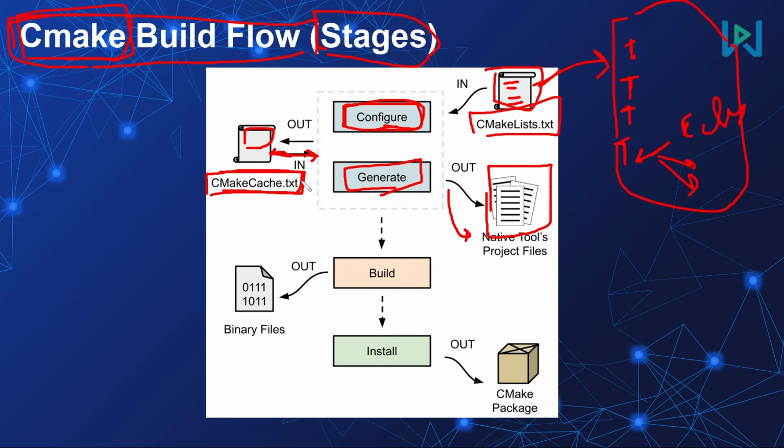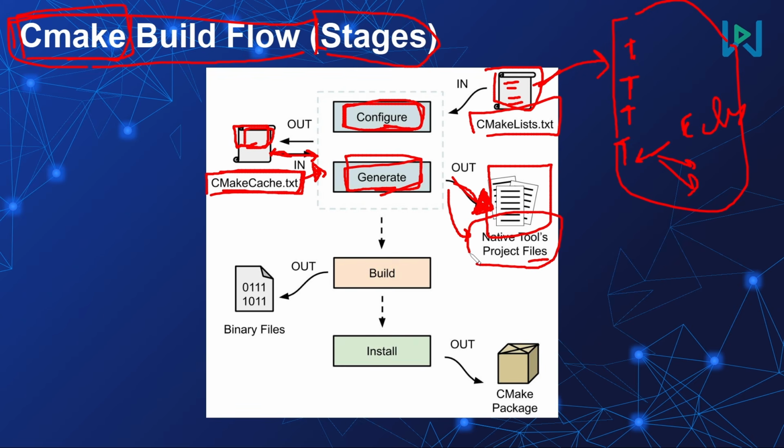Now we are taking this CMake internal representation, and out of it we'll generate and write our backend build tool based files. So all those internal representations and dependencies will be translated to build tool based dependencies and representation.